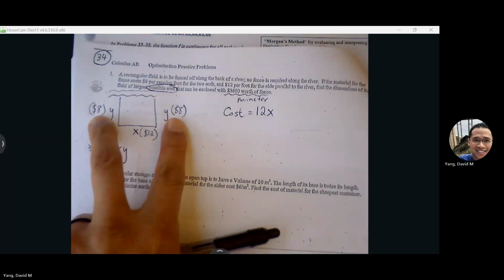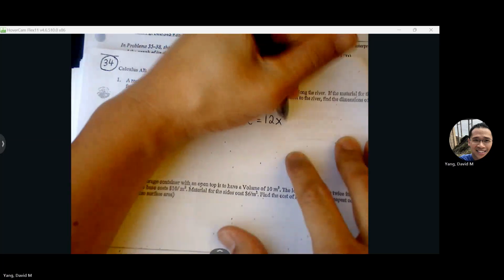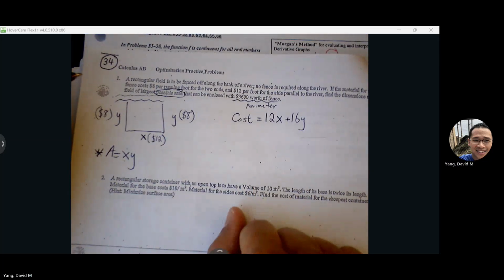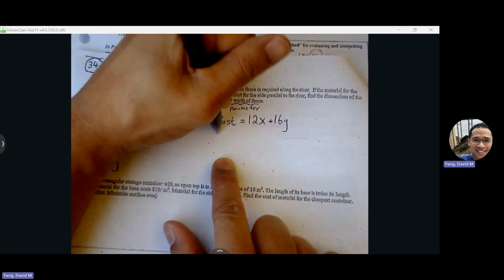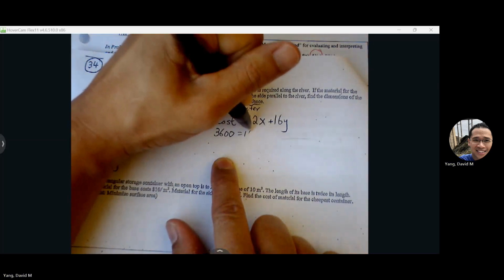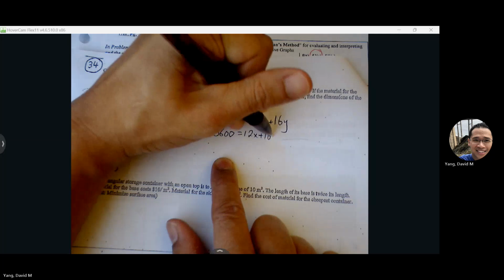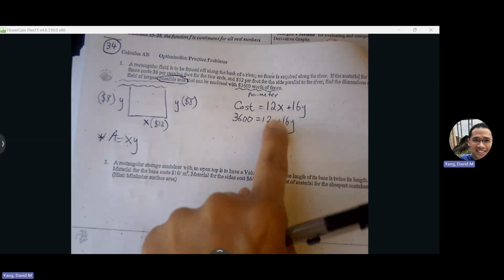Plus 16Y, right? 8Y plus 8Y, 16Y. And how much money do we have to work with? How much is in our budget? Yeah, 3,600. Okay, so that will be here.